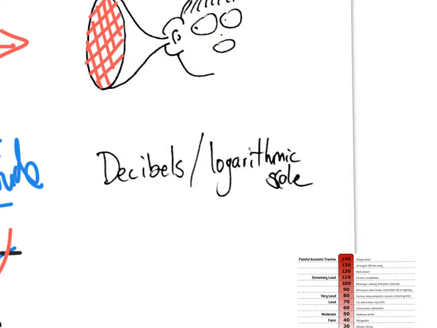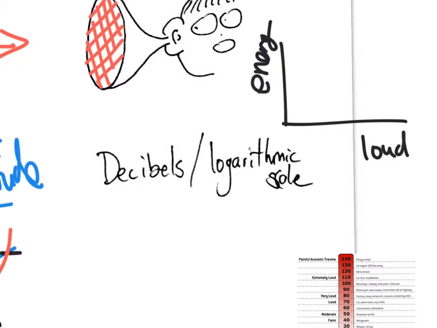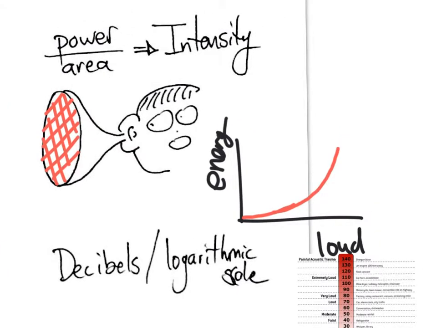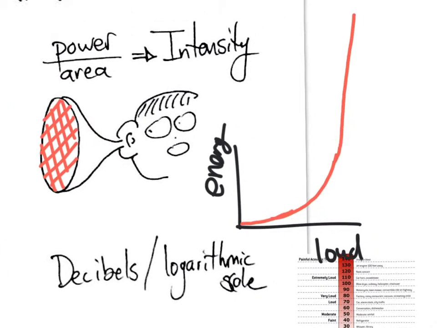If we were looking at energy and our perceived loudness, we can hear really, really small amounts of energy, sound waves that have very little energy, and then we're also able to tolerate very high energy, and it would go way off the scale.